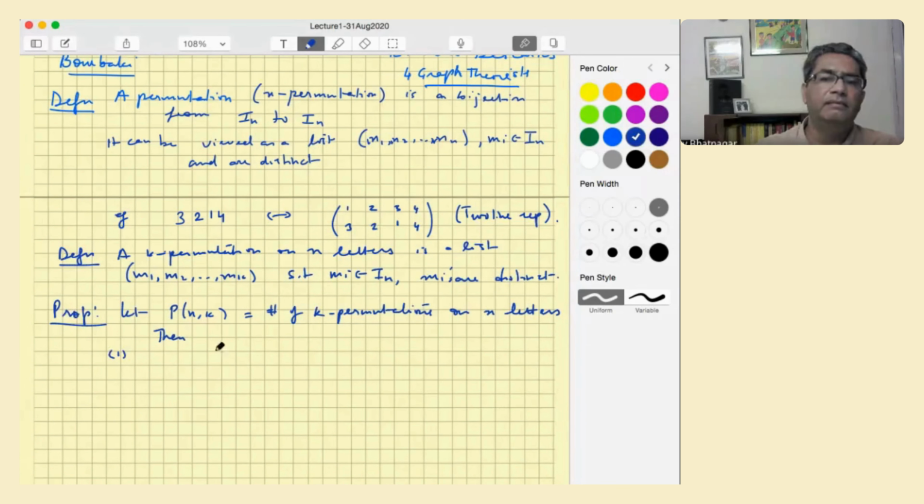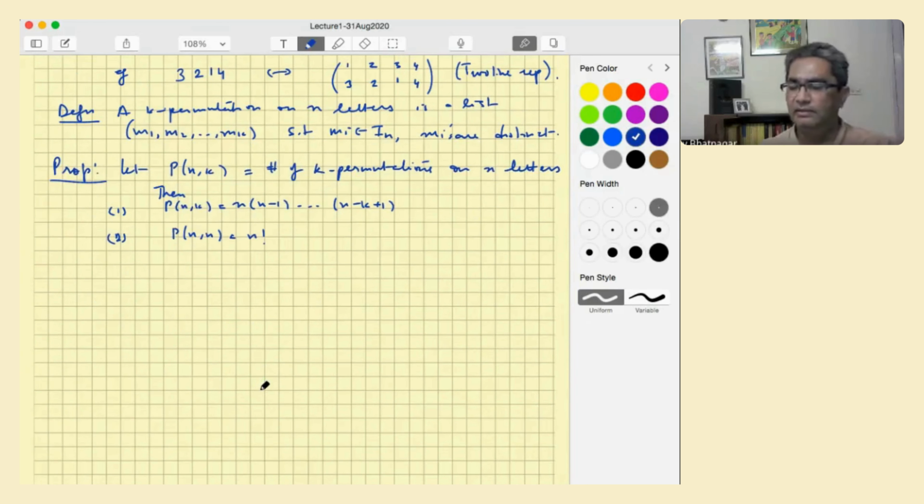Then P(n,k) is n times (n minus 1) times ... times (n minus k plus 1), and P(n,n) is equal to n factorial. This is the first thing that one proves in a combinatorics class, and the proof is very easy. But I'm going to give a more involved version.